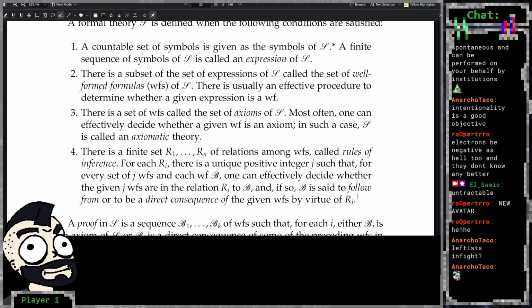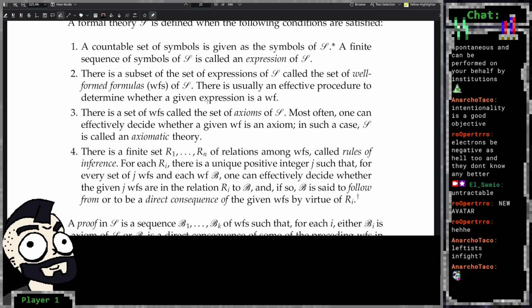So we have an infinite amount of symbols, but it has to be the size of the first infinite. It has to be countable like the natural numbers. A finite sequence of symbols of the system is called an expression of the system.